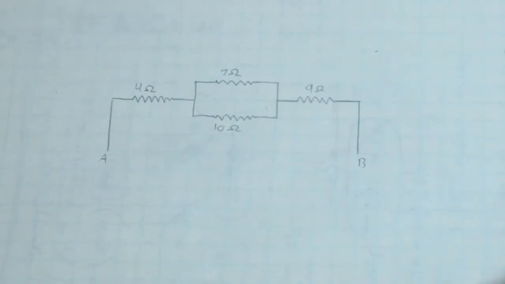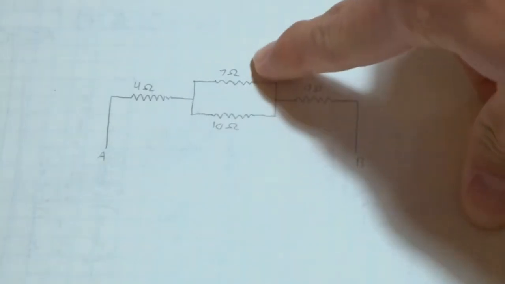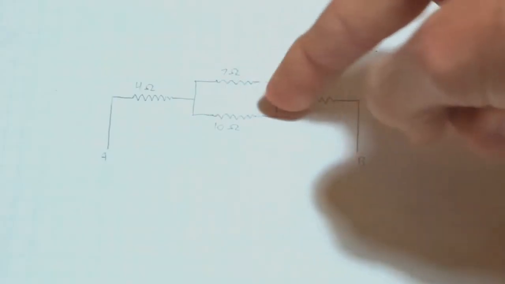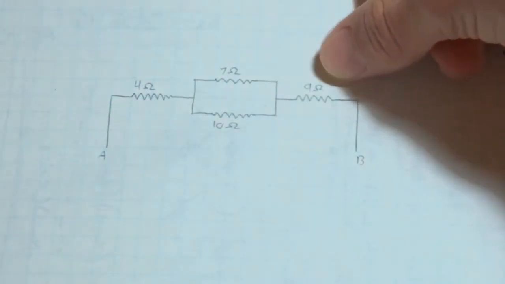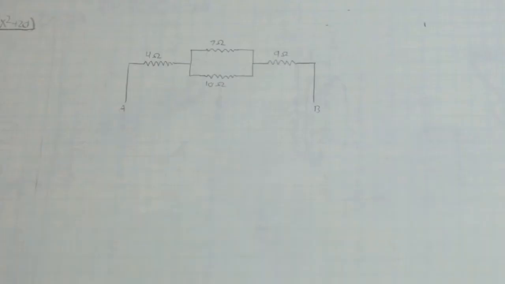So how we do that is, first we have to find the resistance of the parallel section, and then we make that one resistor, and then we can add the 4 ohm resistor and the 9 ohm resistor to that one resistor. Adding resistors in parallel is a little messed up, but don't worry, we will get through this together.